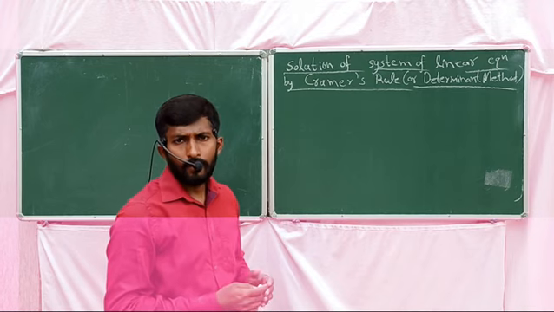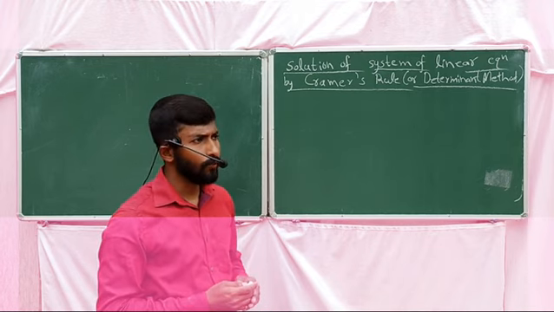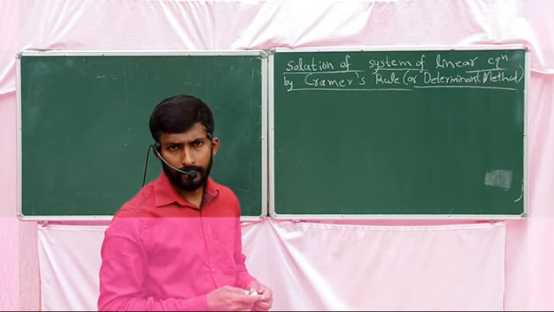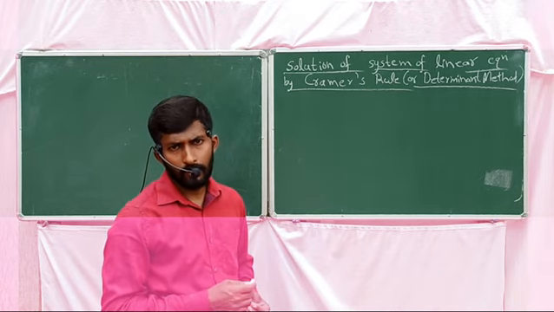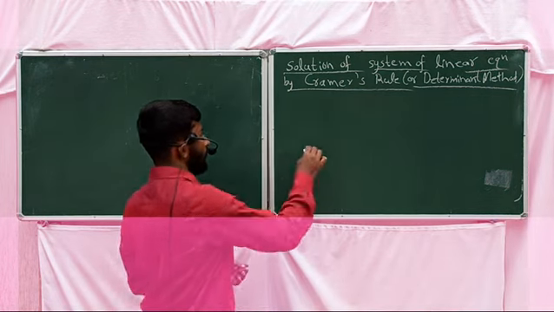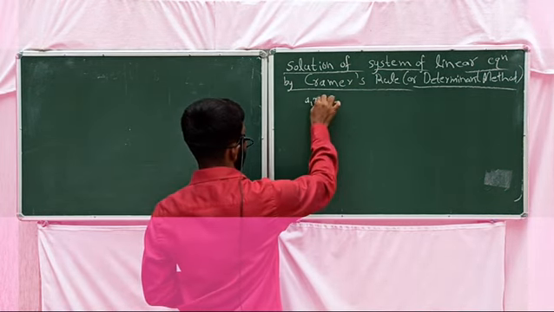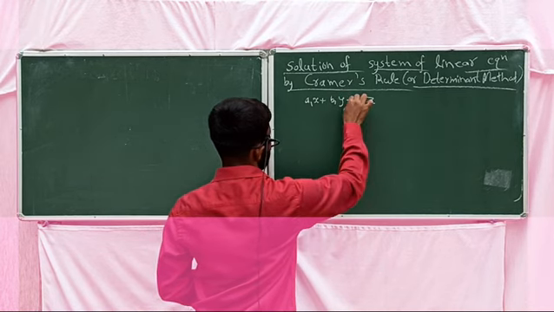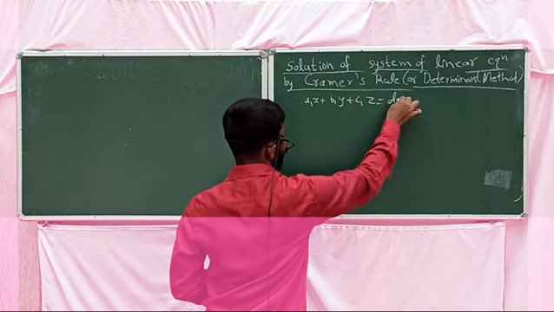The next step: how to solve a system of linear equations with three variables using the determinant method. Variables means x, y and z will come. Consider the system of linear equations: a1x plus b1y plus c1z, the third variable, equal to d1.